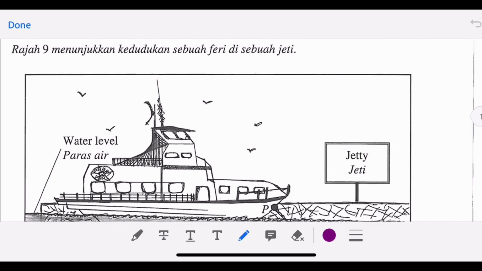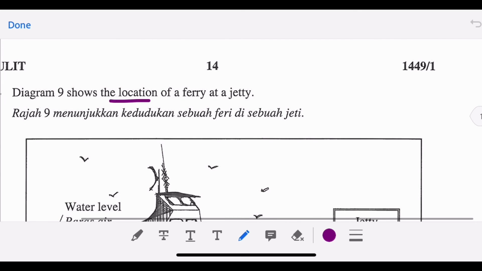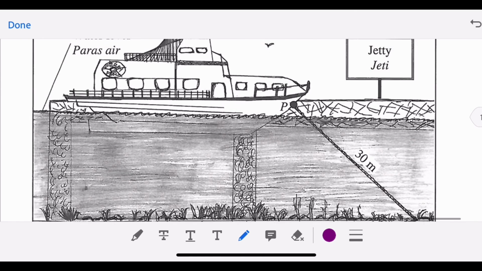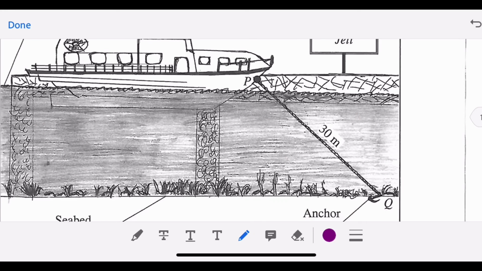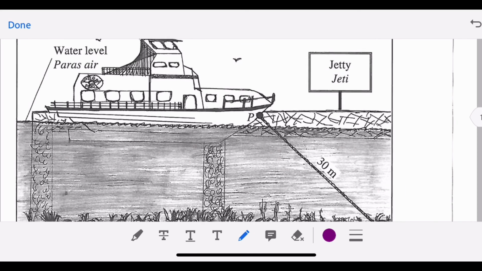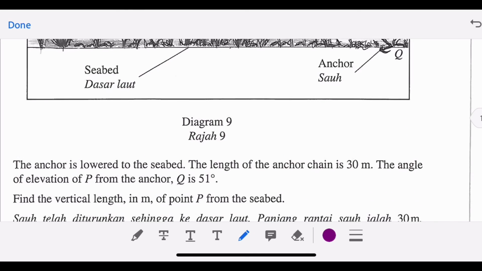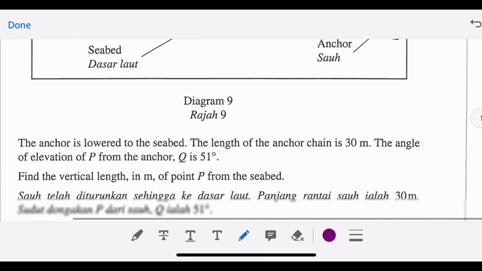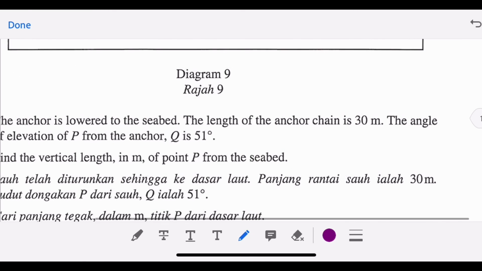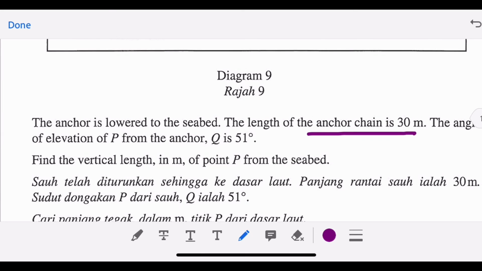Now we want to find the angle of elevation from the point given, which is point Q, right? You have a point Q. So the angle of elevation of P from the anchor Q is 51 degrees.